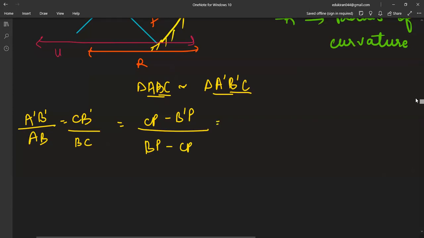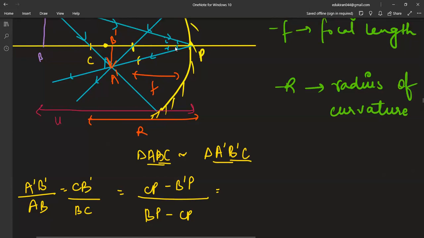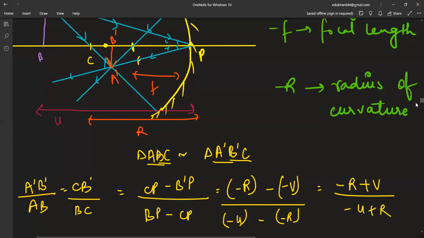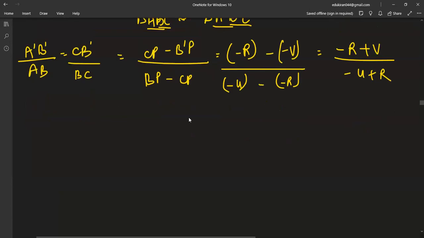Now, what is CP? Look here from the figure. CP is actually the radius of curvature, so minus R. Then B dash P is the image distance from the pole, so minus V. Divided by BP, the entire separation from object, U, so minus U. Again, CP is minus R. So you are left with minus R plus V divided by minus U plus R. Did you understand?